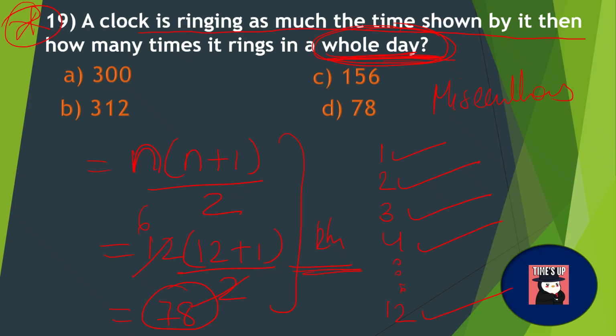If you want 24 hours then you need to do 78 into 2, the double of that. So 78 into 2, how much are you getting? You're getting the answer as 156. This is for the whole day. So the answer is 156. Understanding?